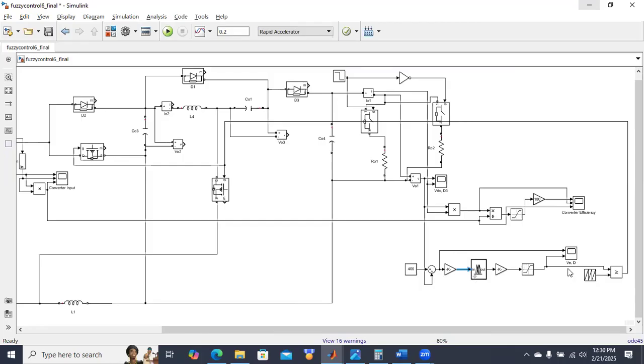That duty ratio will be compared with a high frequency carrier waveform to generate PWM pulses. So based on the error voltage, the fuzzy logic control will change the duty ratio. And these are the pulses generated from the PWM and provided to the switches.